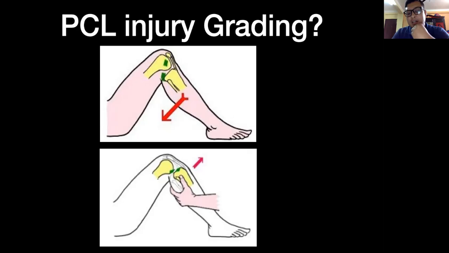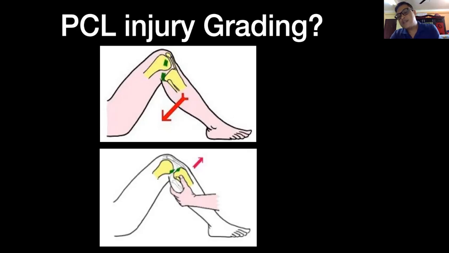What may be mistaken by beginners is that when you do the anterior drawer test, because of the posterior sag position, as the tibia comes from the posterior sag position to its normal position, it may seem like there is PCL injury. So to start with the anterior drawer test, we must be sure that the tibia is at the normal position. We have to palpate the normal anteromedial prominence of the tibial plateau before starting the anterior drawer test.